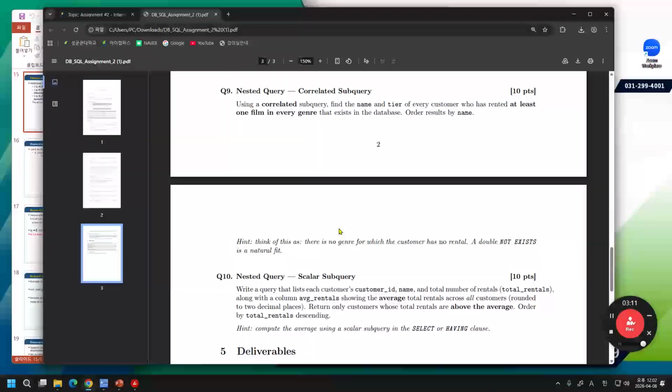And if you want, you can get some help from AI. But before you get help, you should try to solve these problems by yourself. When you have a hard time, of course, you are free to get some help. Last semester, I gave similar problems, and most of you got almost perfect scores for all three SQL assignments.